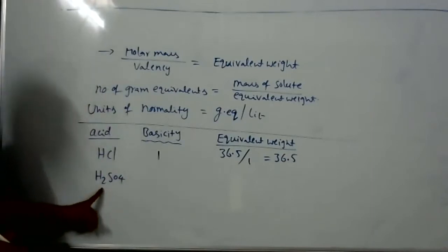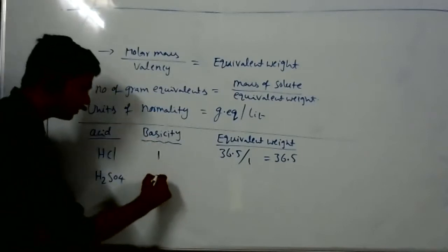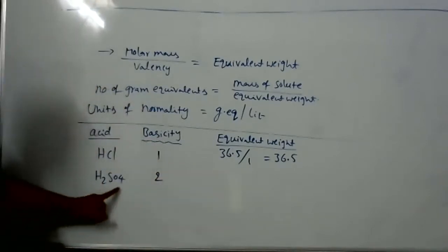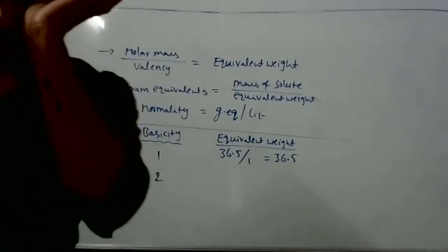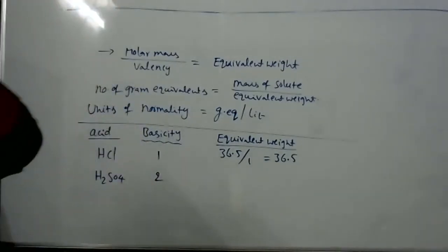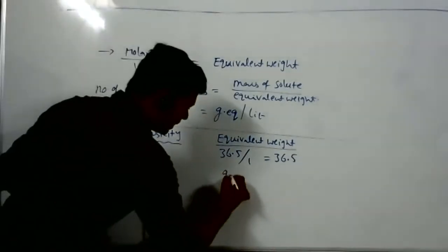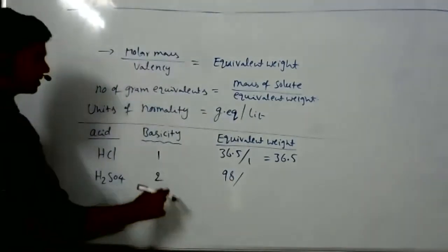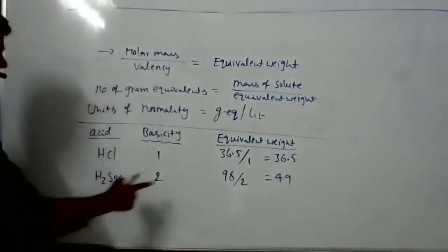Next, H2SO4 has 2 hydrogen atoms. So in aqueous solution, it is able to give 2 H plus ions. That's why basicity becomes 2. The molar mass of H2SO4 is 98. So 98 divided by 2, basicity 2, gives 49. The equivalent weight of H2SO4 is 49.